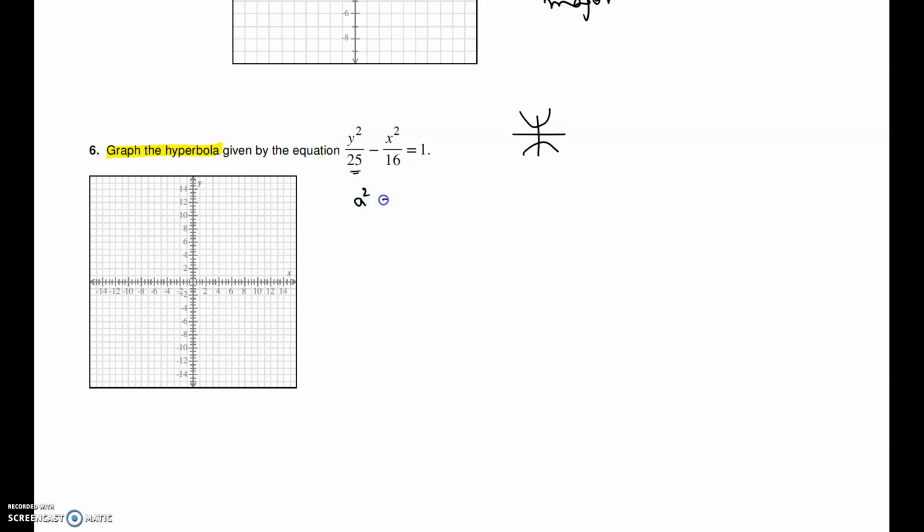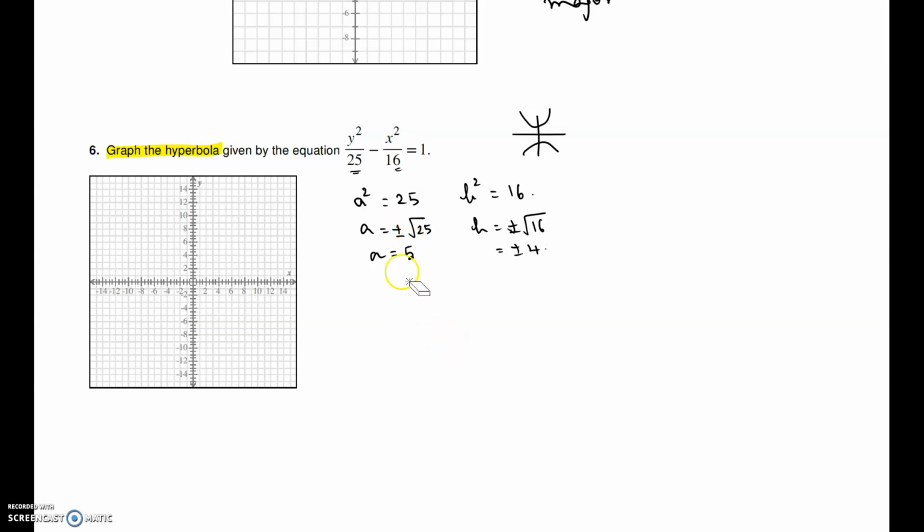Now we notice here the expression right under y squared is 25. So here a squared is 25, and the expression right under x squared, b squared, equals 16. So a is plus or minus square root of 25, which is 5. Then b is plus or minus square root of 16, that is plus or minus 4.